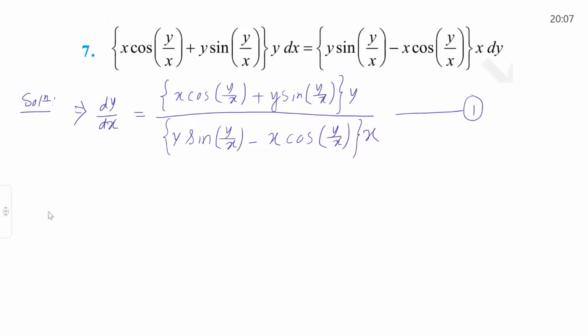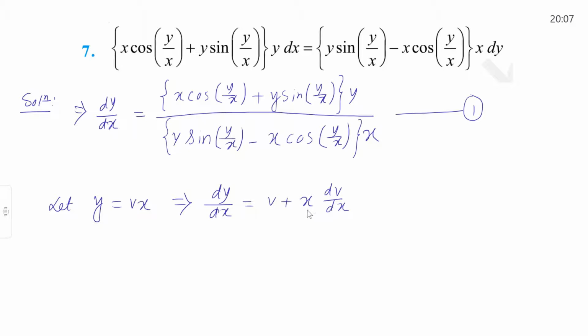Let y is equal to vx. For this the differentiation gives dy dx equal to v plus x into dv dx.